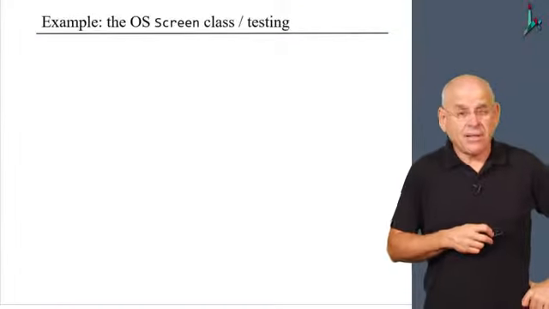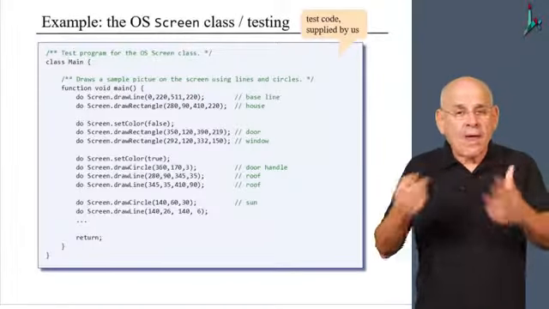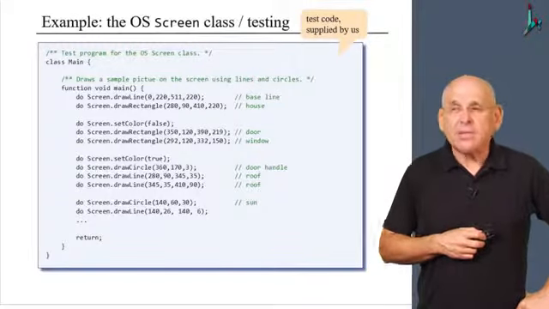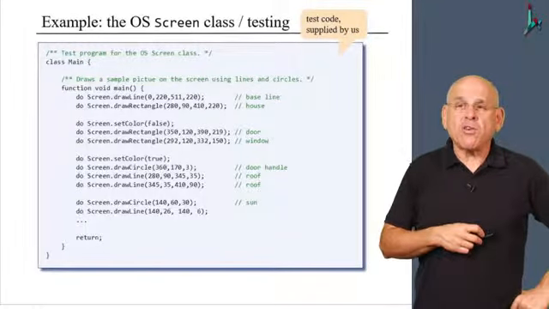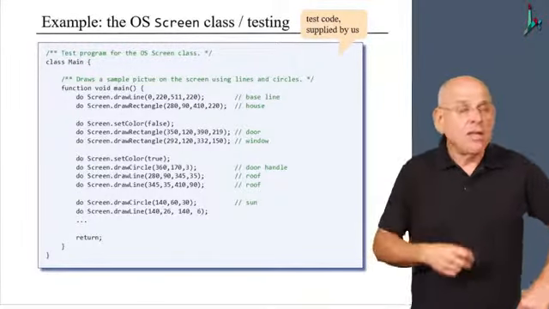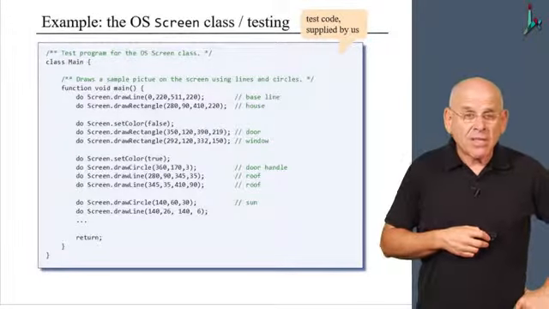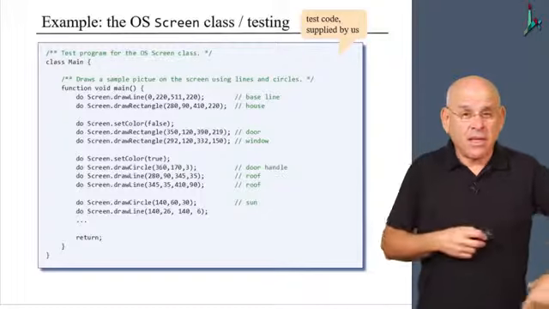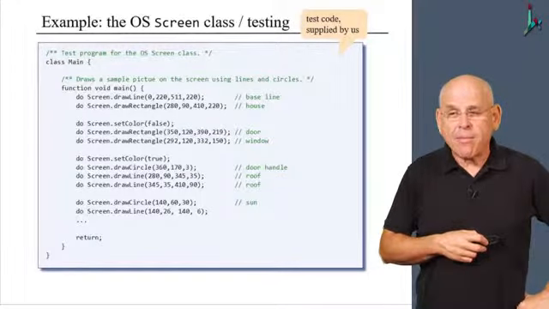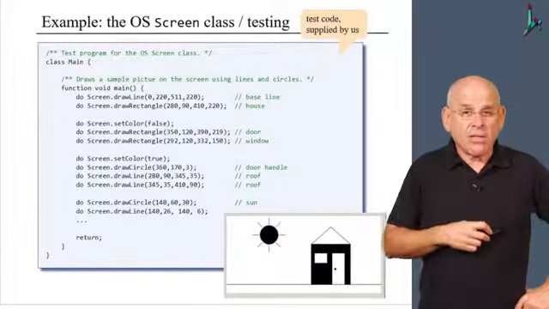What about testing it? Well, we're going to supply a test file. And the name of this test file is going to be main.jack. And as you see, the test file calls all sorts of methods in the Screen class. And if you run this directory on the VM emulator, then here's what you'll get to see.